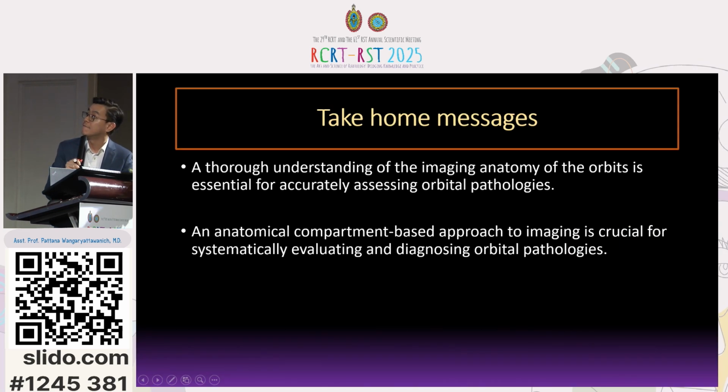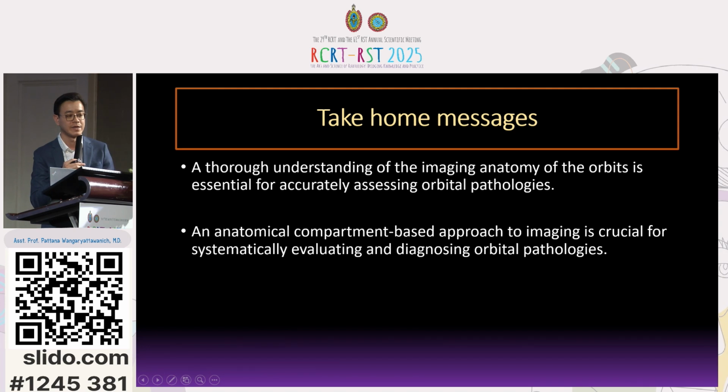And that's it. So in summary, every time I teach my trainees about head and neck radiology, I emphasize a deep understanding of head and neck anatomy, including the orbit, when you want to interpret patients who have orbital pathology. Then you should understand the concept of orbital compartments, and you will know where the center of the lesion is and what the potential diagnosis is.